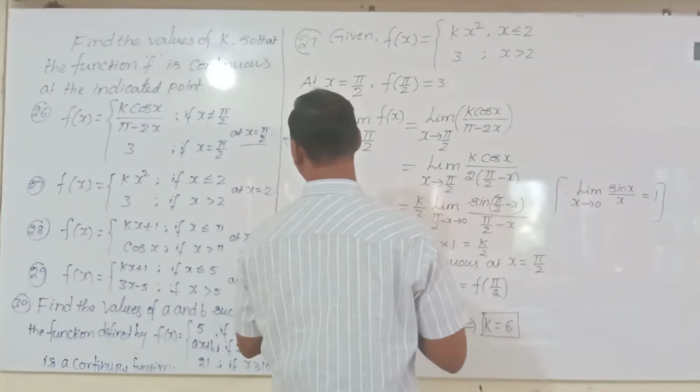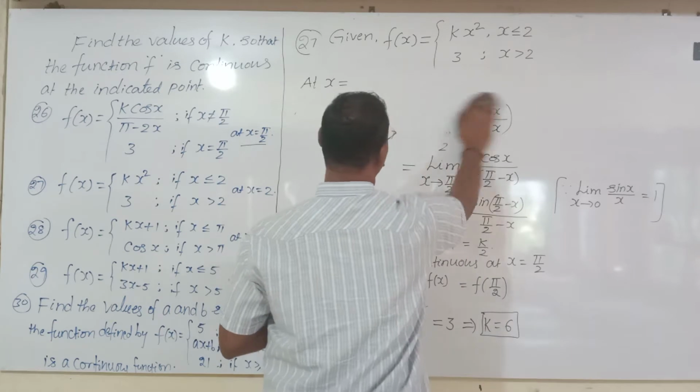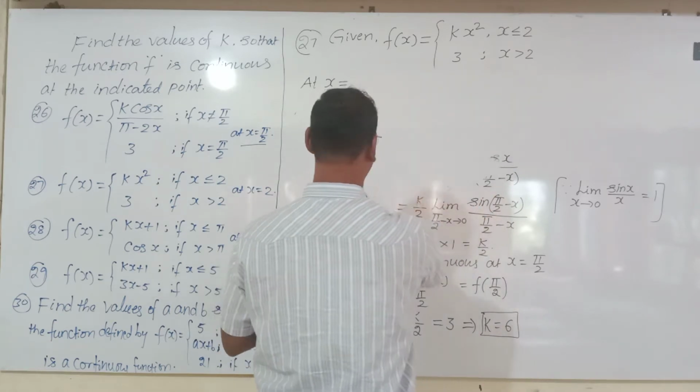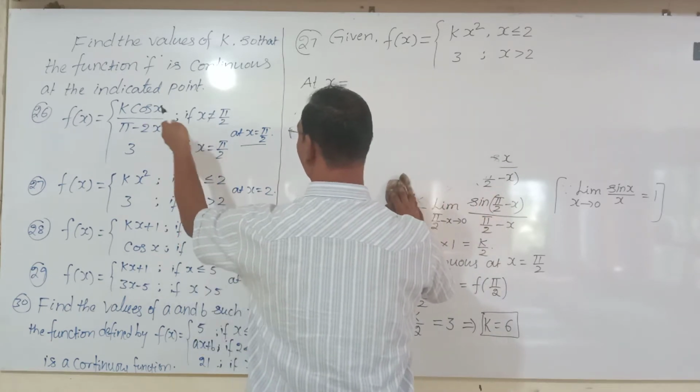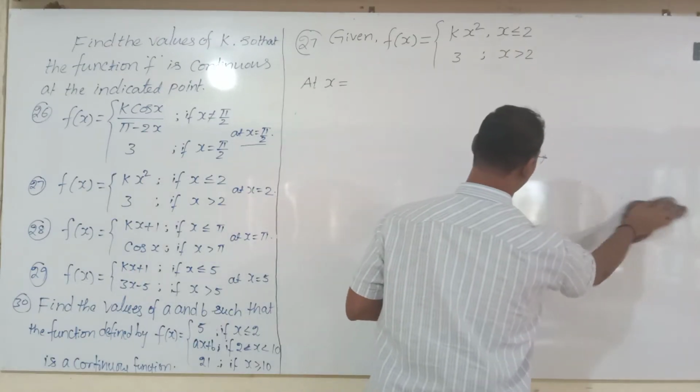So we have to find the k value at x equal to 2 in this problem. At that point we have to check the continuity of this function.